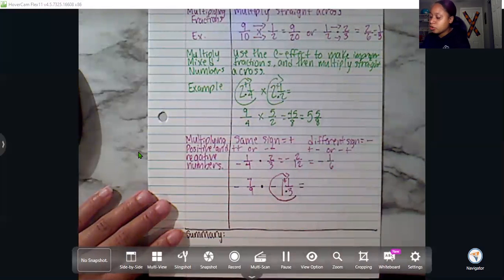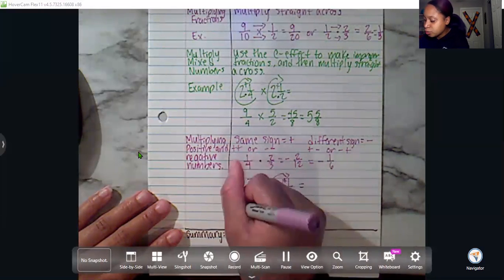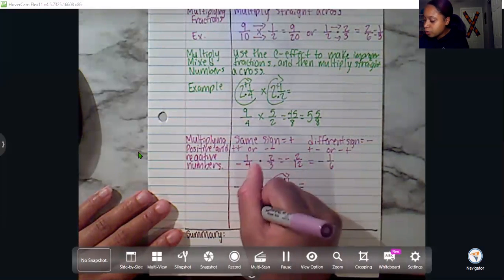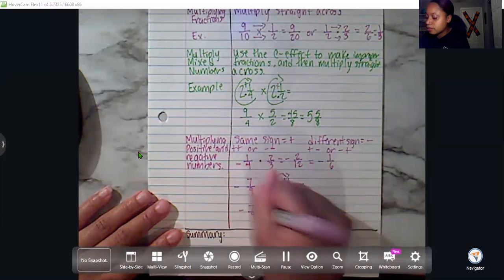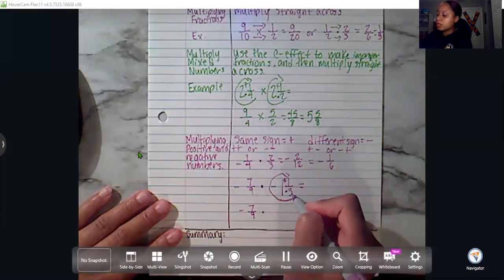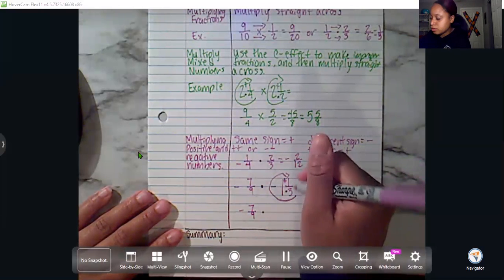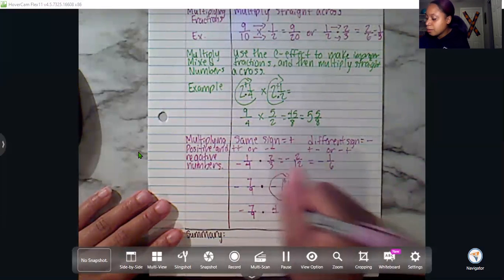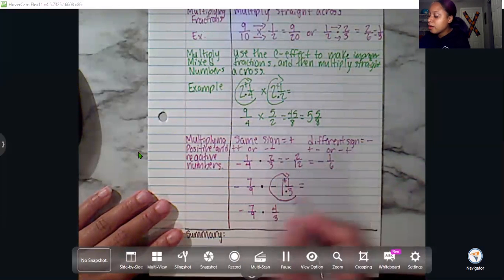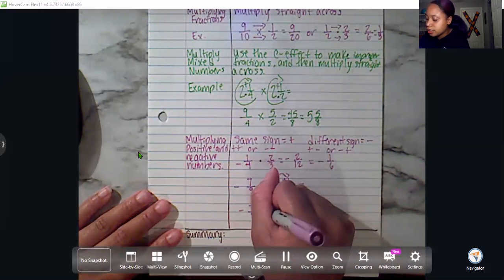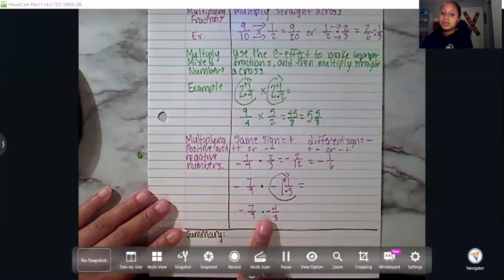Negative 7/9 is already a proper fraction, so we just rewrite it. We don't have to change anything. It should stay negative 7/9. But then we have 3 times 1 and then plus 1. So that should give us 4. And remember, our denominator never changes, so 3. And then this was negative, so I need to make sure I rewrite my negative symbol.